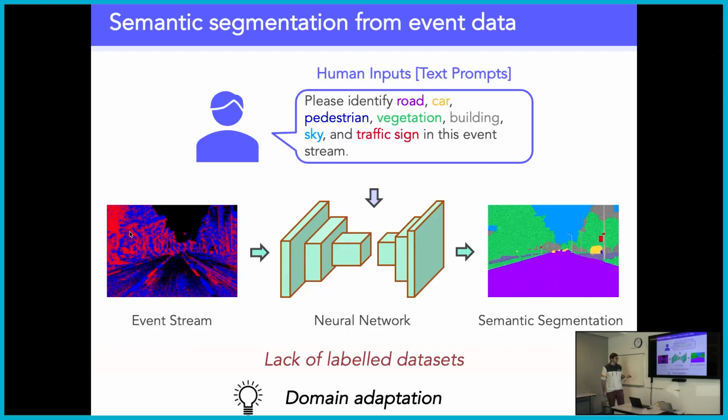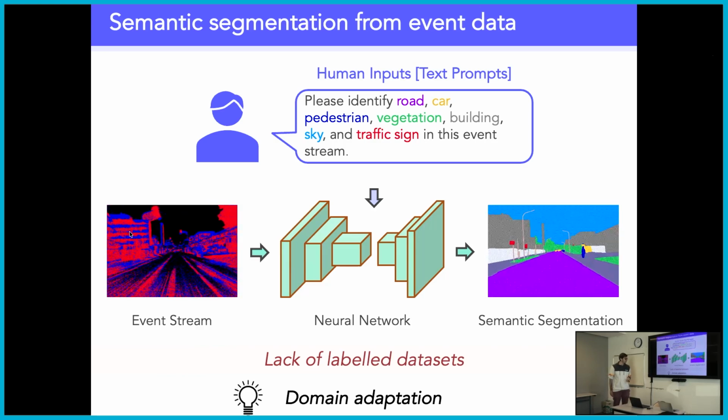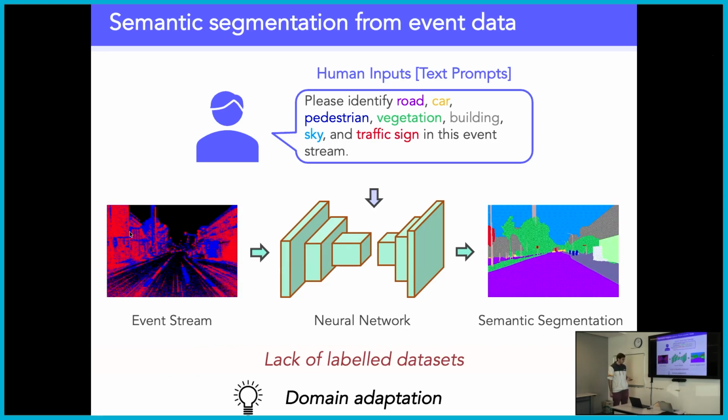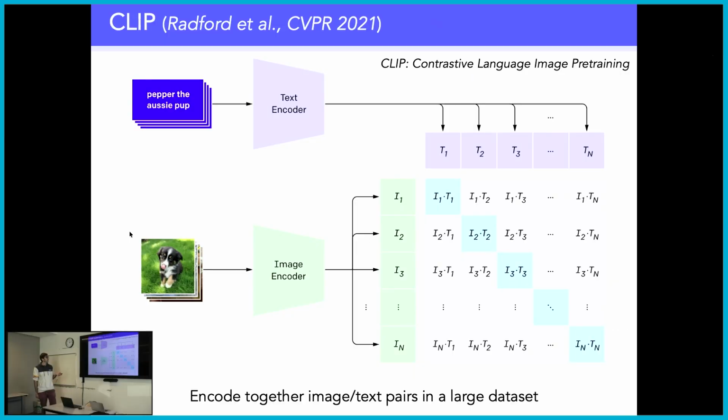So something that we did here is to work on domain adaptation. We started with a classic deep neural network based on CLIP. Maybe you all know this approach, but CLIP stands for Contrastive Language Image Pre-training.